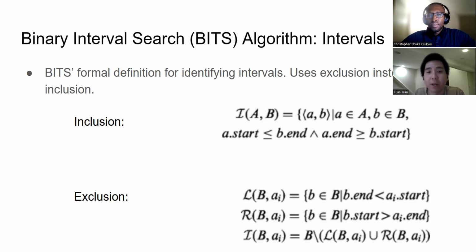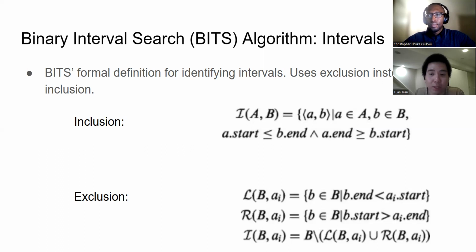However, in the binary interval search, given that we have a database B and an interval query A_i, the set L is going to contain all of the intervals in database B that ended before A_i starts, meaning the intervals in B that are to the left of A_i. Similarly, the set R is going to contain all of the intervals in database B that started after A_i ends, meaning all of the intervals in B that are to the right of A_i.